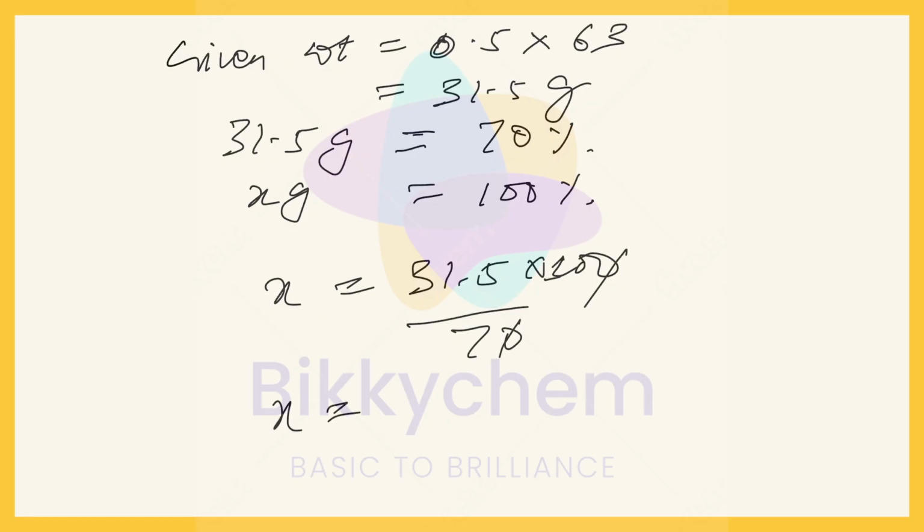So x is 45 gram. So the value of x is 45, meaning 45 gram in the 100% concentrated HNO3. So the option is A.